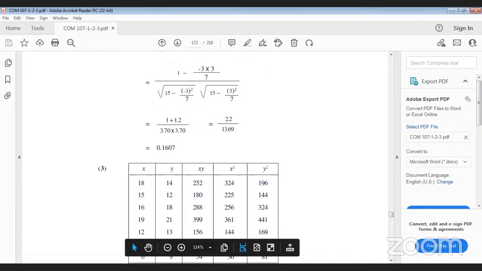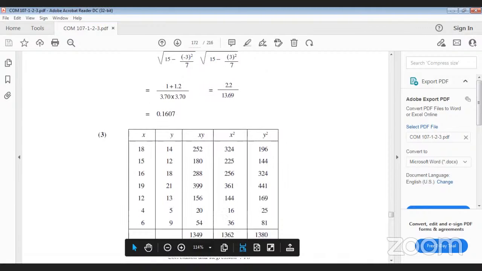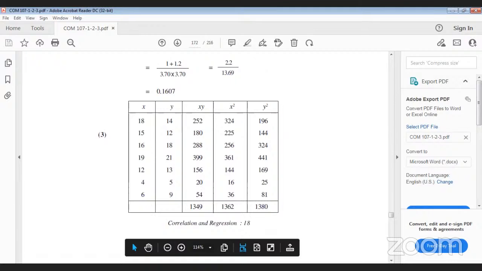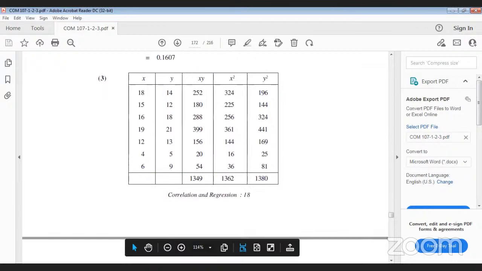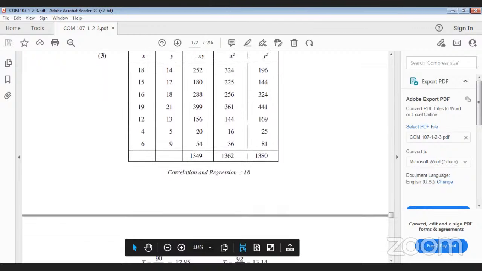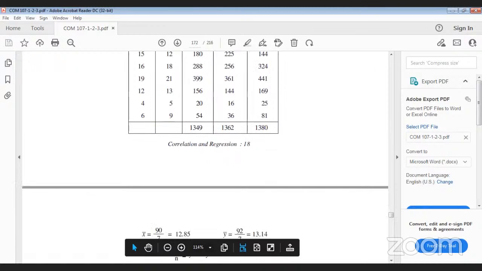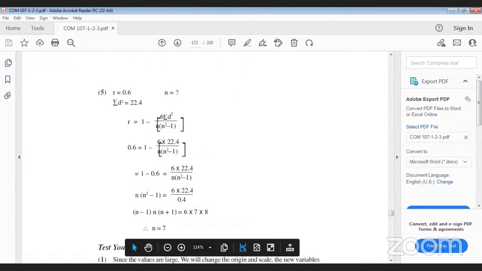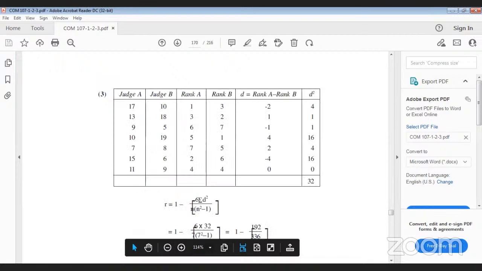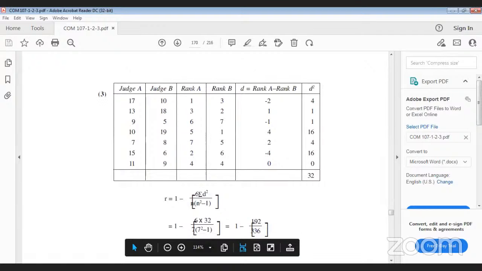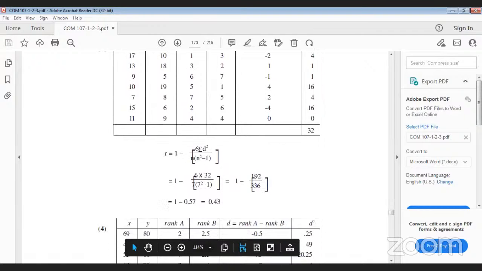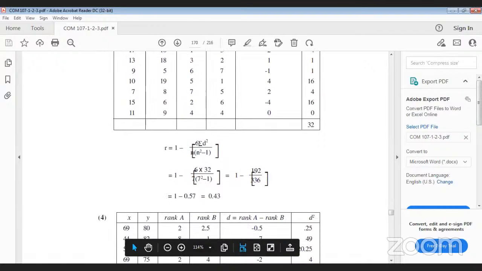Then there is 1 minus 6 into 42, instead of 32. It should be 42 here.